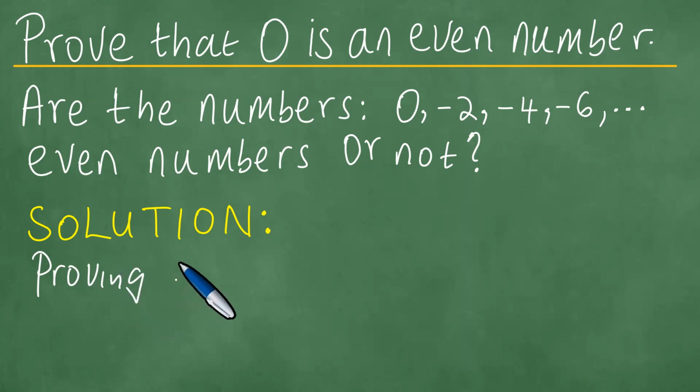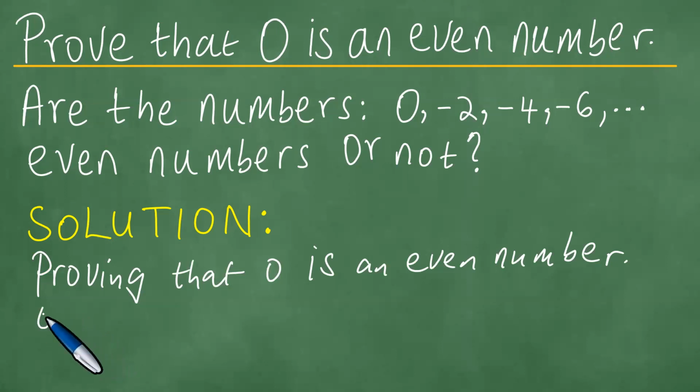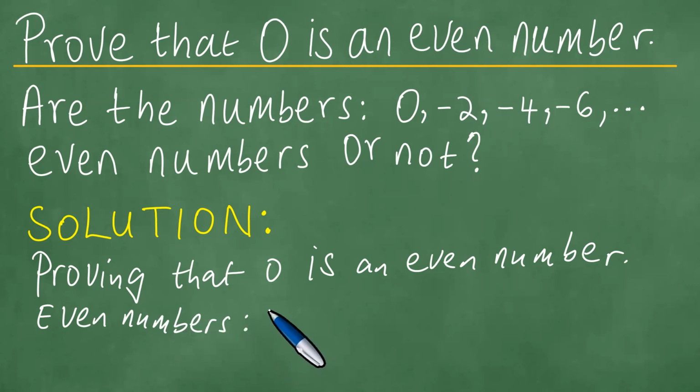So we are proving that 0 is an even number. In which case, we need to remember two things. When we have even numbers, the even numbers are numbers of the form 2k, where k is an element of the set of integers.